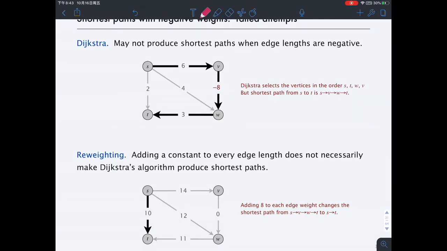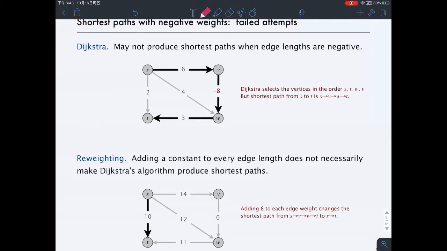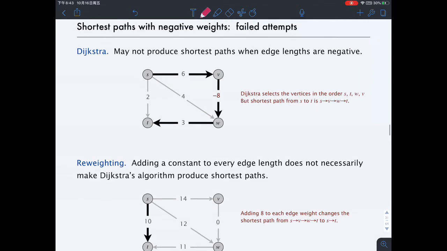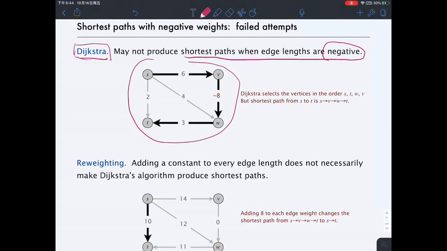So before we proceed to understand how we can use DP to solve this problem, we want to play a bit and see whether there's any straightforward method that can help us solve the problem, right? The first thing is that if you run Dijkstra, as a matter of fact, it's actually not able to give you the shortest path when the edge weights can be negative.